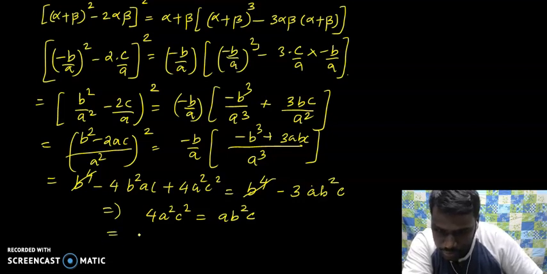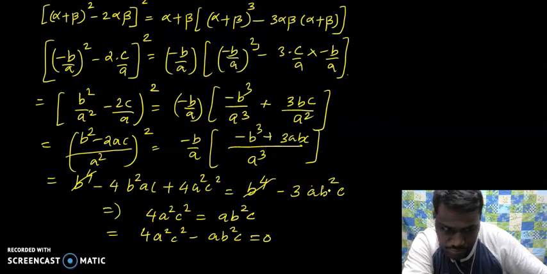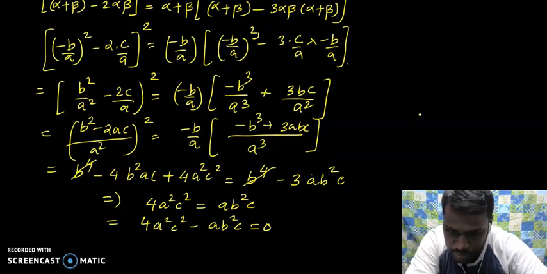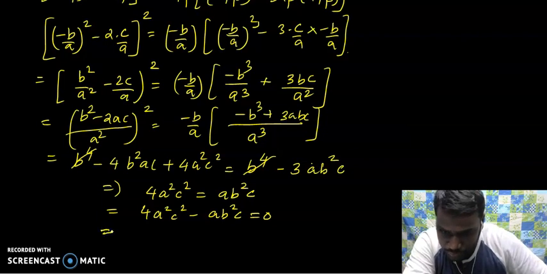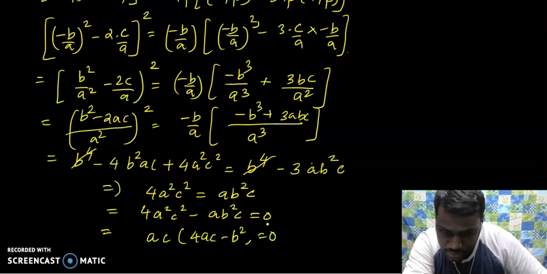So this is equal to 4a squared c squared minus ab squared c is equal to 0, which is ac times 4ac minus b squared is equal to 0.